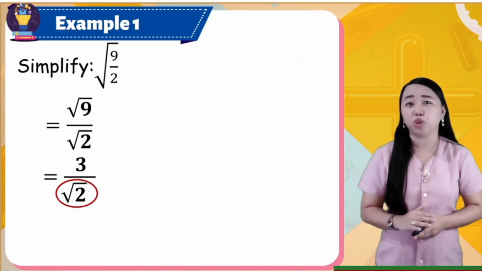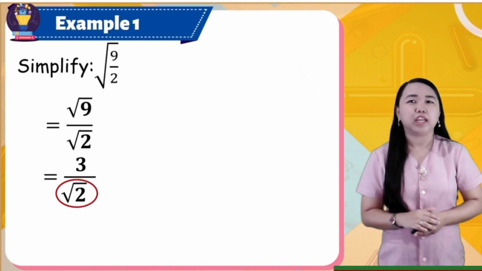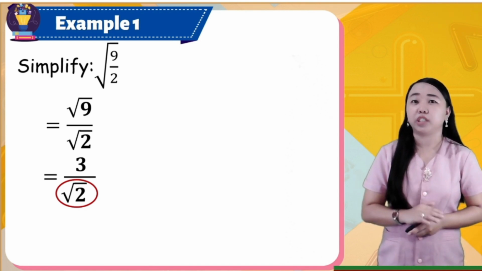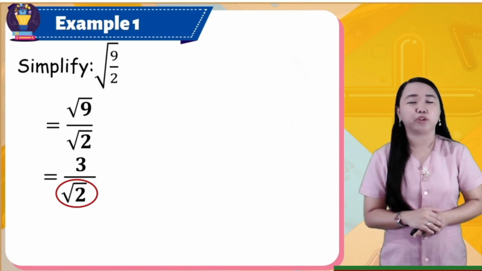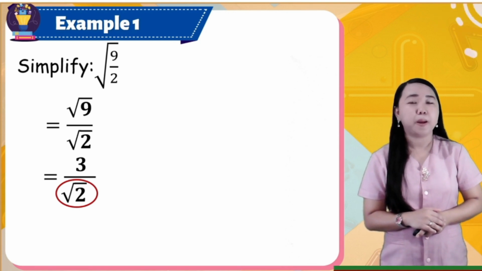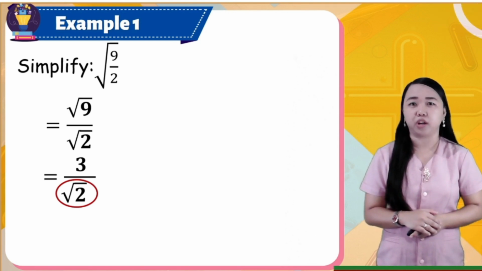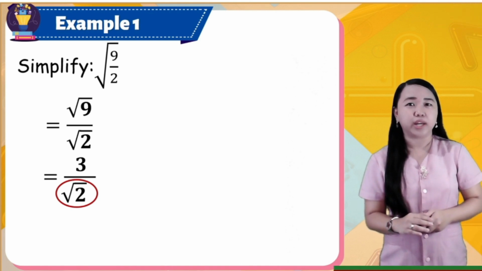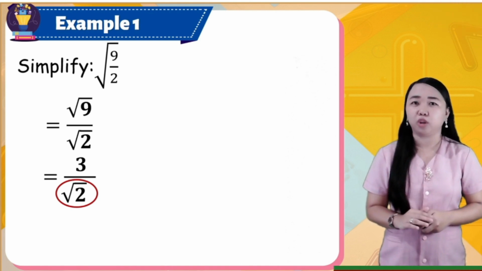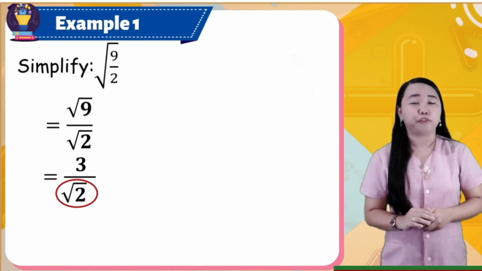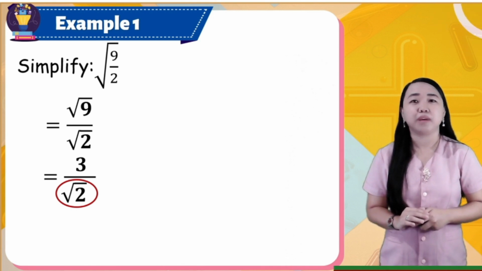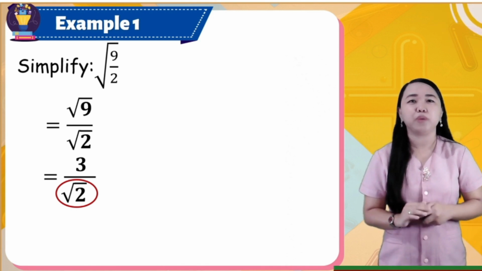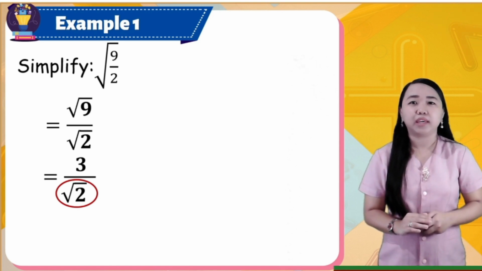You all know during your grade 7 that one of the famous irrational numbers is the square root of 2, aside from pi and Euler's number. So, with square root of 2 as a denominator, it made the denominator irrational. Therefore, the denominator must be rationalized to remove the radical or to make it rational in the denominator.